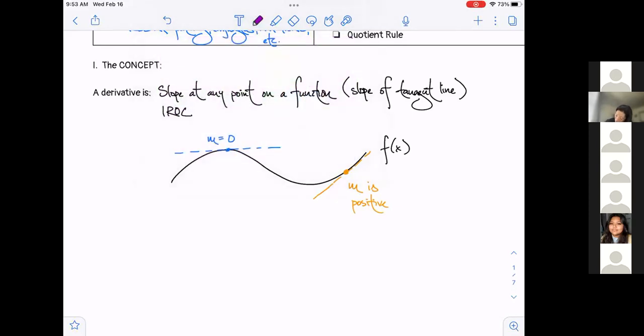And maybe we'll do in purple. What if I had this purple point right here? How would we describe the slope at that point? All right, Marilyn says negative. What are our other thoughts? We agree, we disagree.